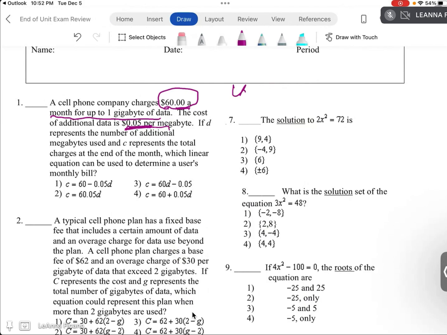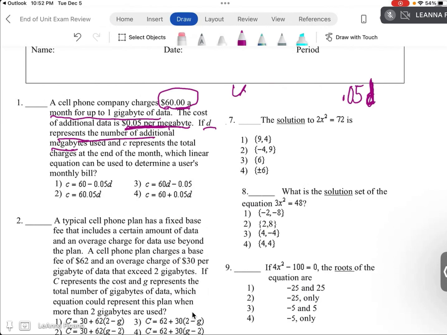It's 5 cents per megabyte, and D goes with additional megabytes. For every D, because D represents megabytes, it's going to be 5 cents times the number of megabytes, right?